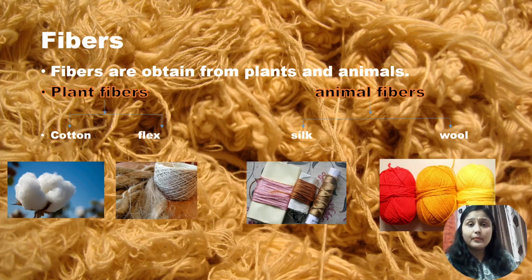And in this chapter, we will talk about wool. Before that, it is important to know that cotton fiber we get from the cotton plant and flax we get from the stem and the leaves of another plant, and this flax is then converted into fabrics or yarns.